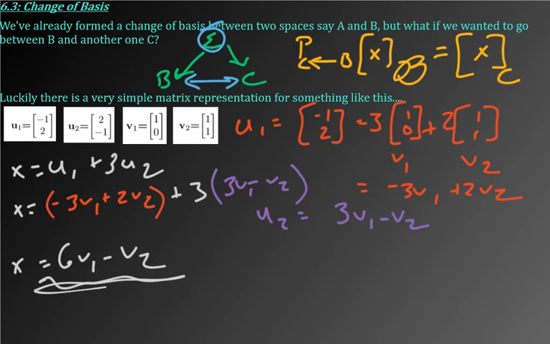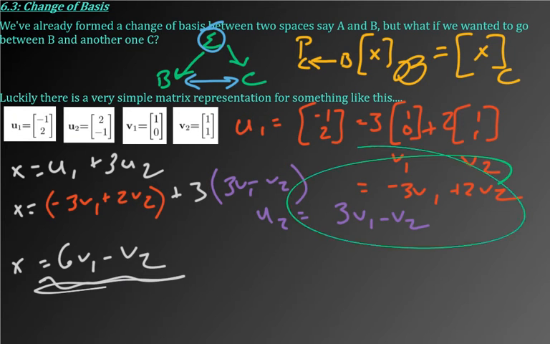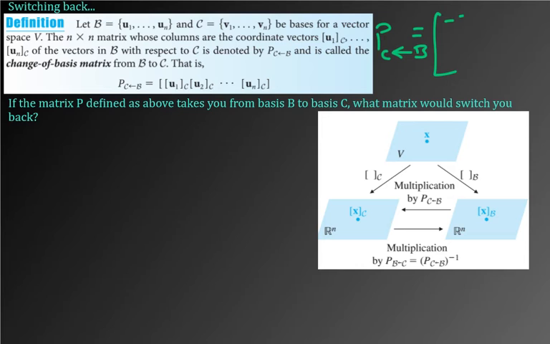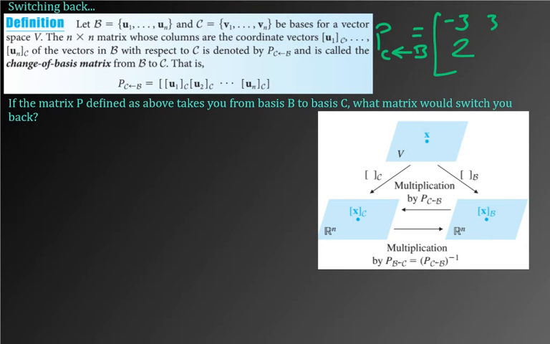So if you take a look at what we did here, we had u1 is -3v1 plus 2v2, and u2 is 3v1 minus v2. So writing the matrix P that sends B to C, the columns need to be these things: -3v1 plus 2v2, and then 3v1 minus 1v2.